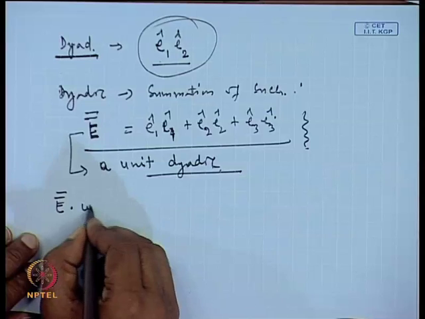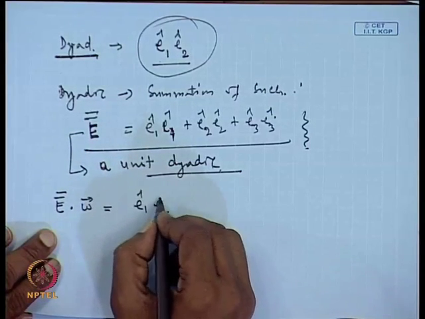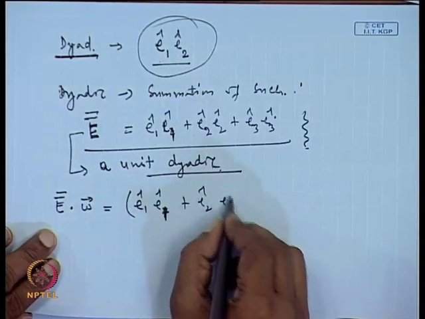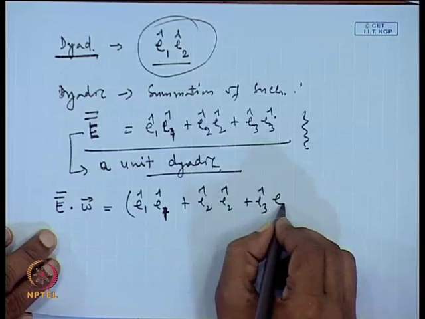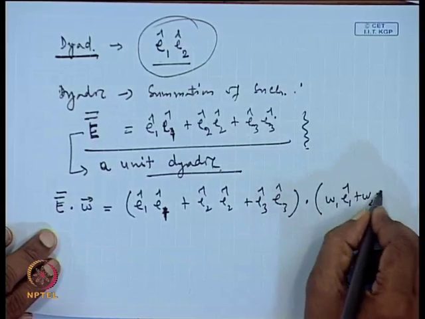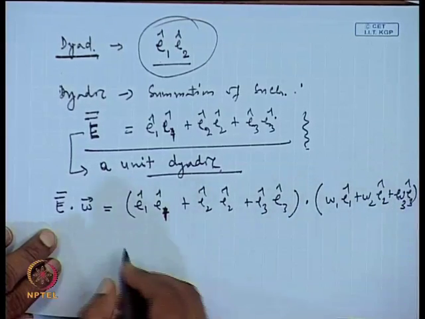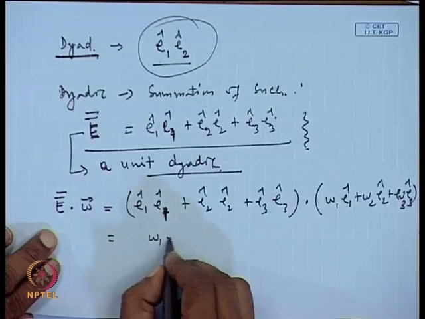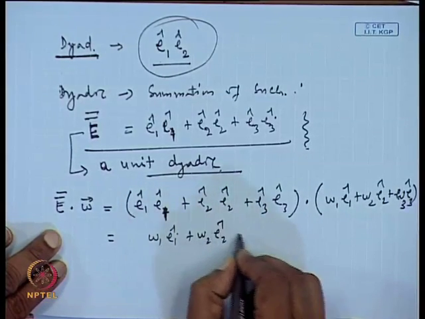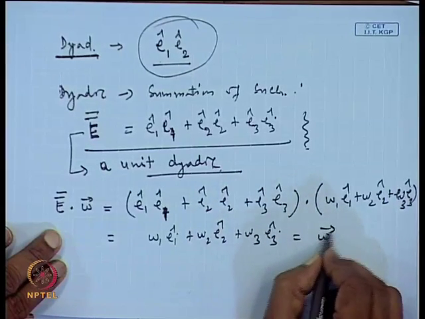So, E double bar dot omega we can see can be written as E 1 E 1 dot omega, and so on. This will get reduced to omega 1 E 1 if we take the dot product, and in total it is nothing but omega.